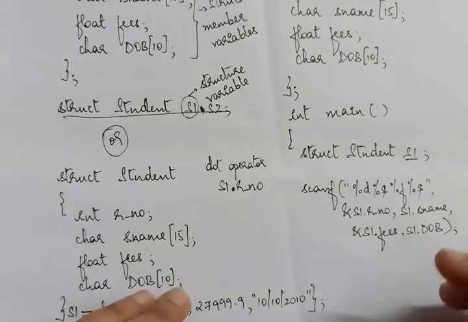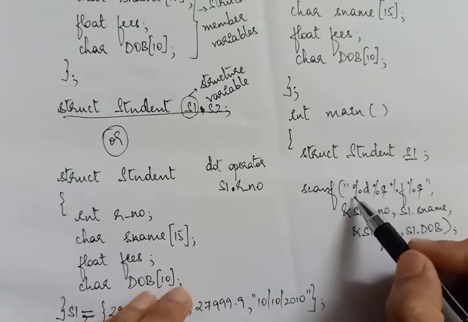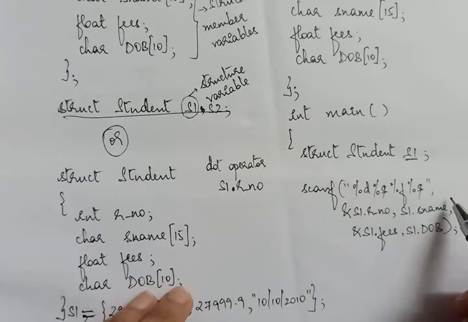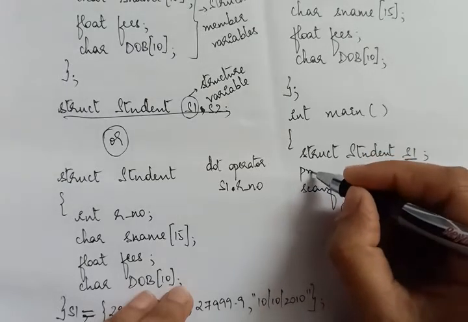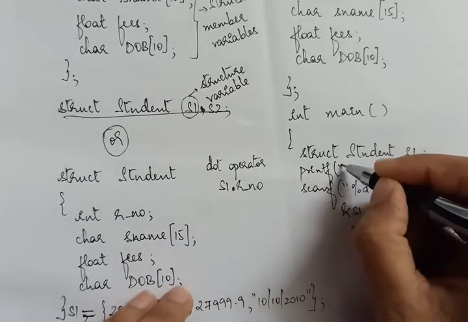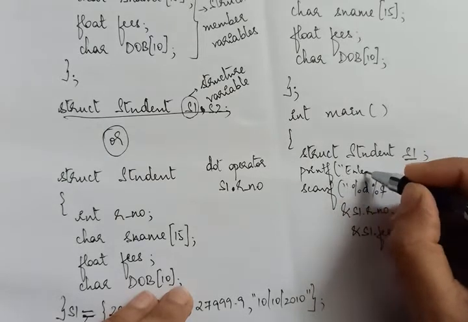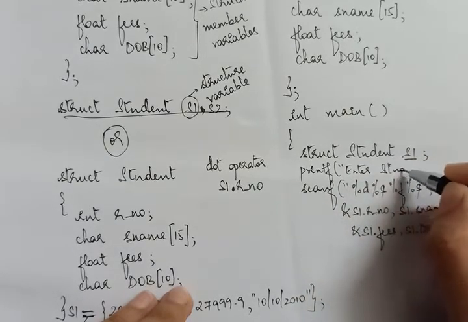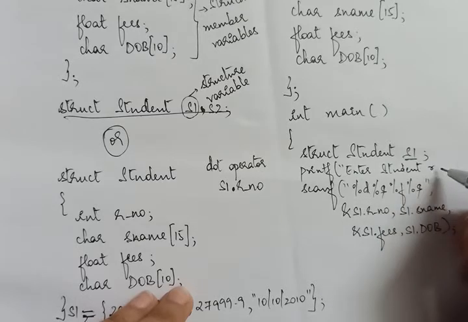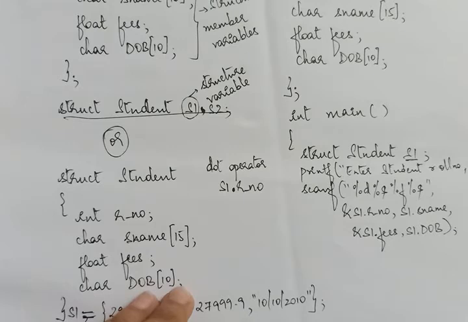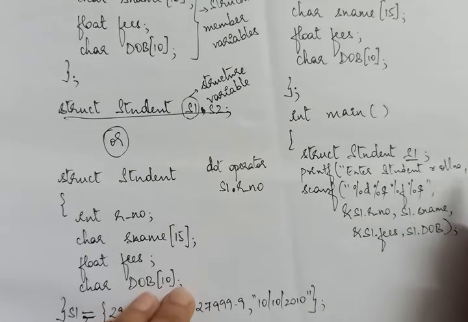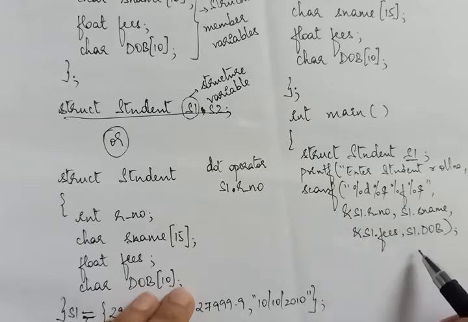So what happens once the user enters the input in this order? In the interactive statement, you can specify to the user how he has to enter the values. So you can say enter student roll number, name, and so on. You can give an interactive statement, and as per that statement, the user can enter these.